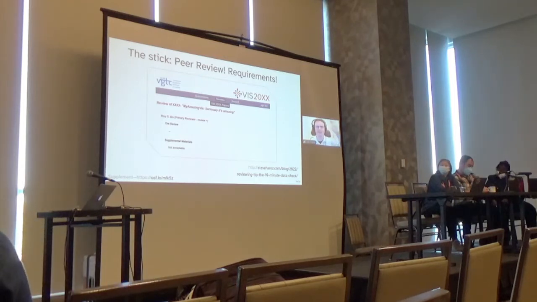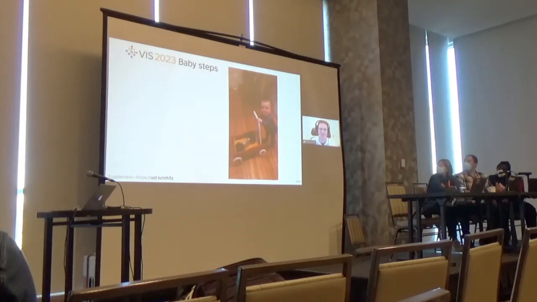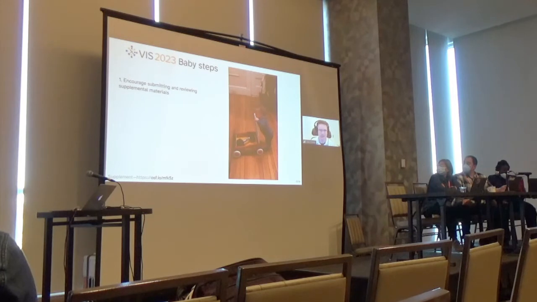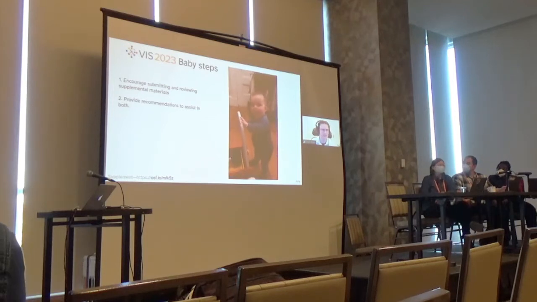Now, this would be a big change for VIS. So what we're thinking of doing for VIS 2023 is baby steps. We're going to encourage people to submit and review supplemental materials, but it's still entirely optional. We're going to be providing recommendations to assist people in submitting their materials effectively and in reviewing submissions.